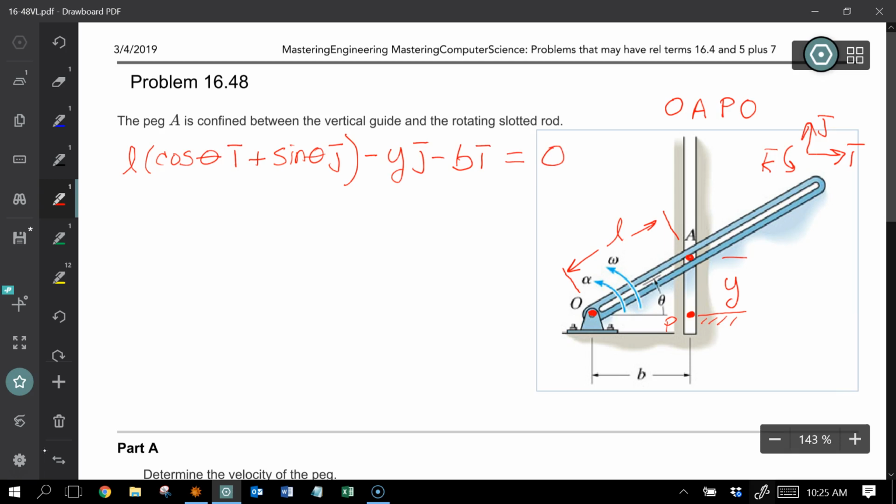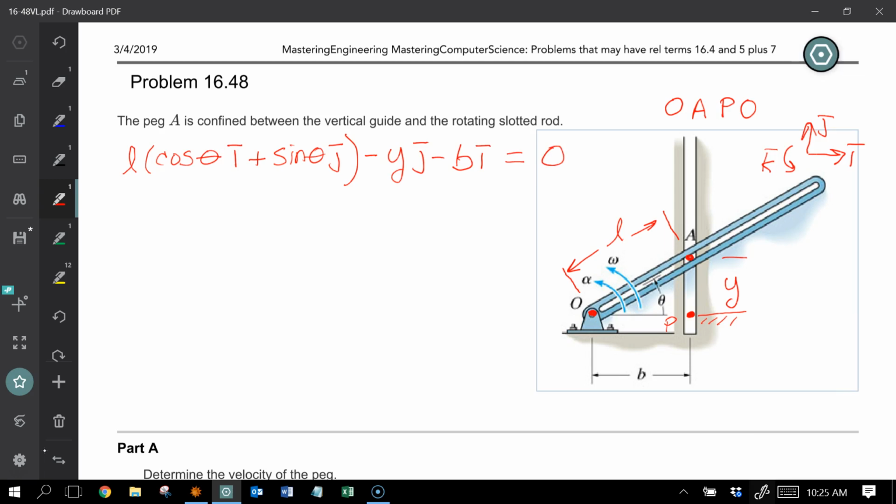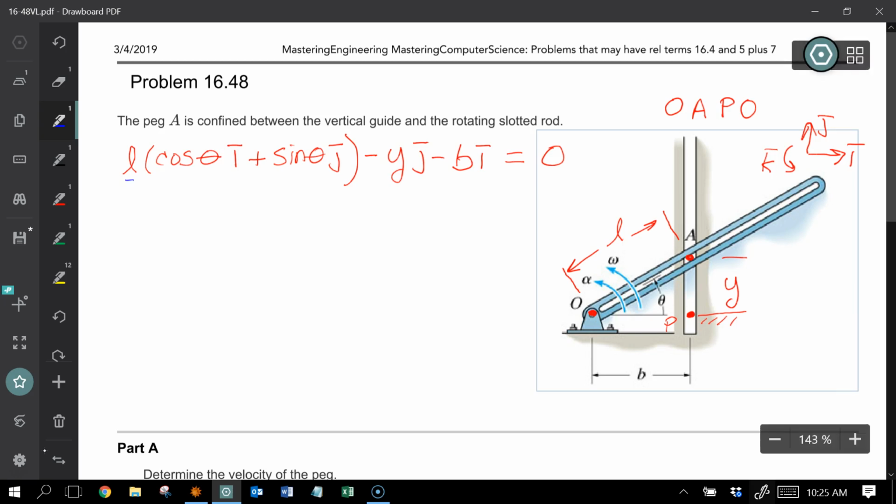The next thing that you're going to do is take derivatives of this. If you take a derivative, remember that L is a variable, so I'll underline the variables. That's a variable, that's a variable. y is a variable. Okay, so here we go.